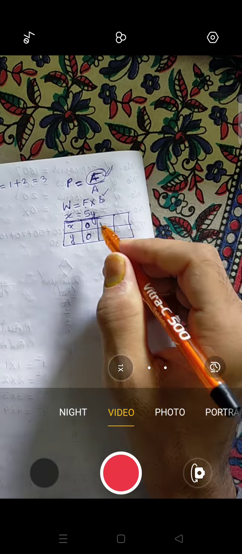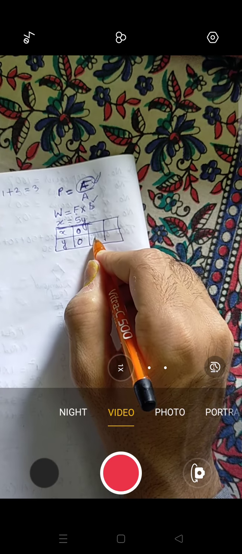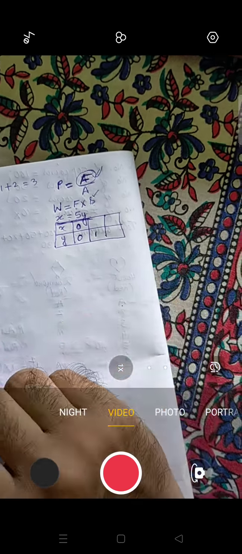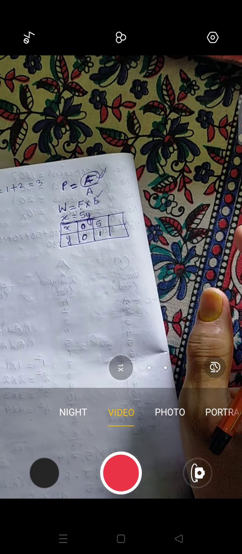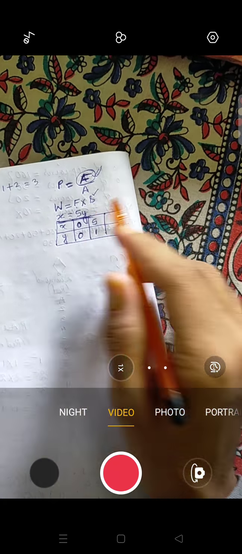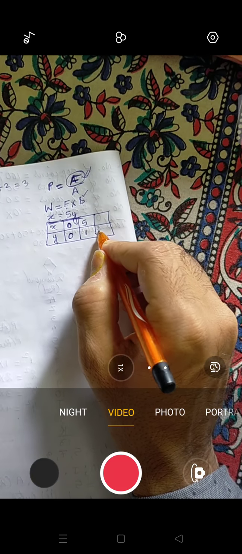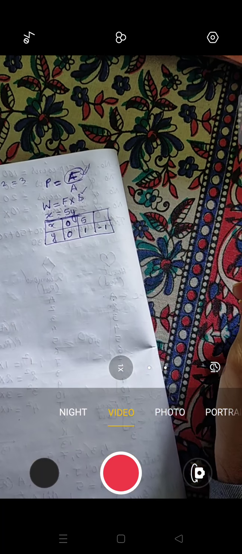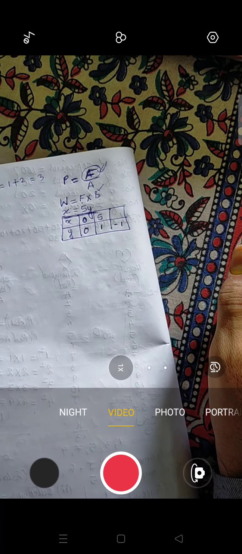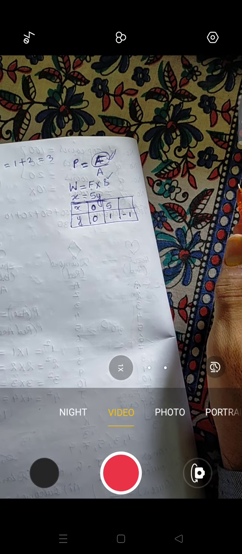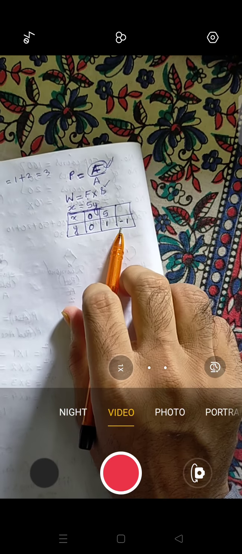Now if I take y as 1, then 5 into 1 will be 5. I told you not to take big numbers. If you take 2, it will become big, so I will take y as 1. I told you that displacement can be negative, I taught you in physics, so we can take negative.